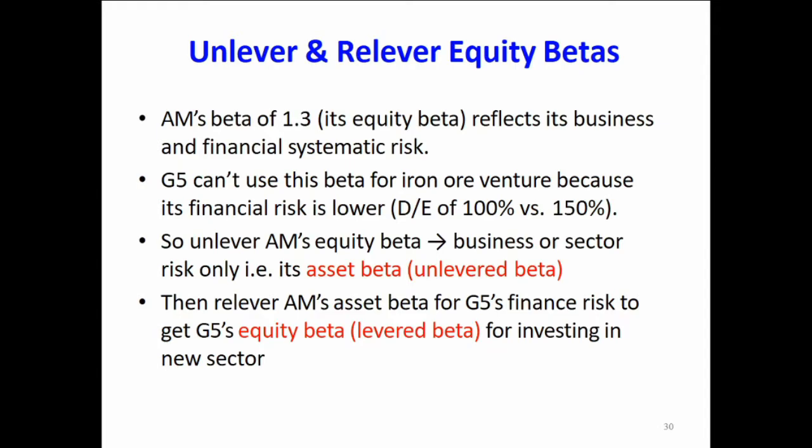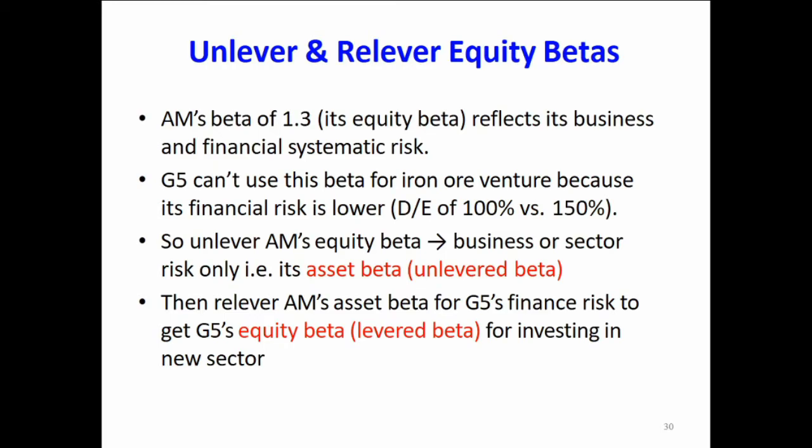So it is appropriate to unlever ArcelorMittal's equity beta, and this will leave us with the asset beta, which is the unlevered beta. This beta has been unlevered for the financial risk of ArcelorMittal. Therefore, once it has been unlevered, it just reflects the business or sector risk, which is what we want.